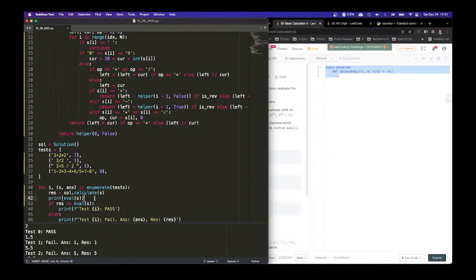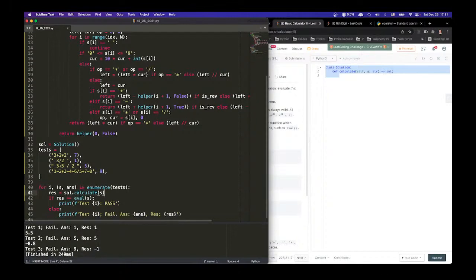Just a double, but it's fine. Wait, I need to. It should be right? 1 minus 2 times 6 minus 4 plus 6 divided by 5, which is 1 plus 7 minus 8. Oh, it's minus 9. My bad. It's minus 9.